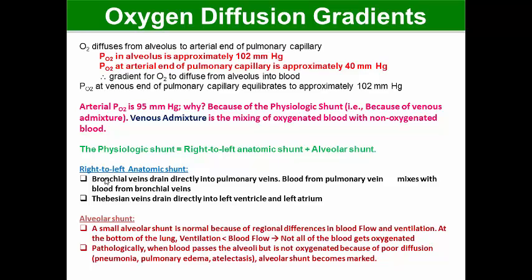This is part of the systemic circulation. Now, the venous blood which returns from the conducting zone doesn't go to the right atrium as the venous blood from other parts of the body. Rather, it drains into the pulmonary veins. Also, the Thebesian veins. These are veins present in the myocardium.